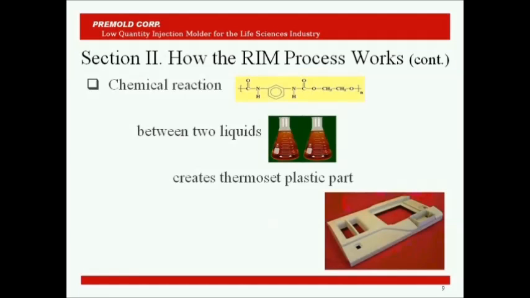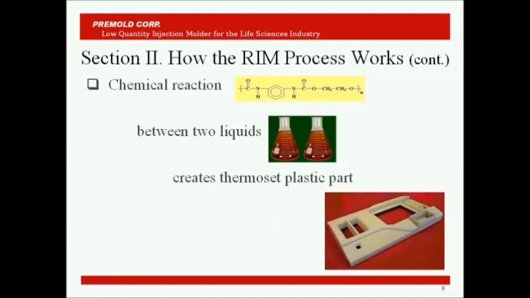As we mentioned, this chemical reaction might take anywhere from 5 seconds to 45 seconds depending on which resin you're using. And the typical molding cycle for RIM might be between 1 to 5 minutes depending on part size, wall thickness, the type of mold that you're running, that sort of thing.